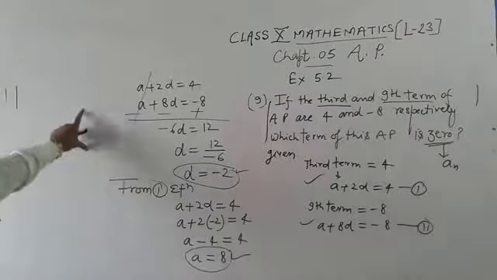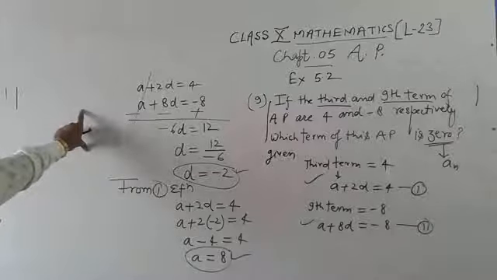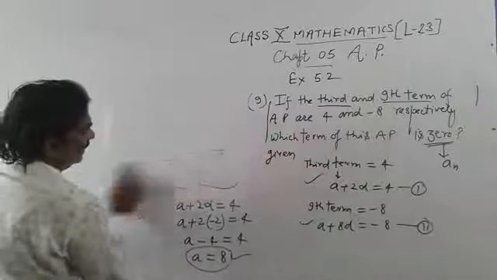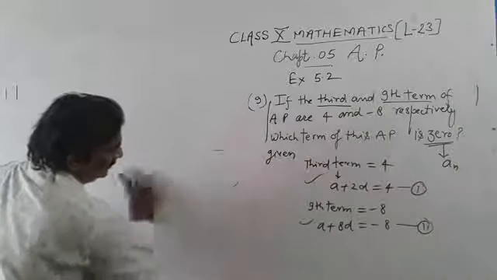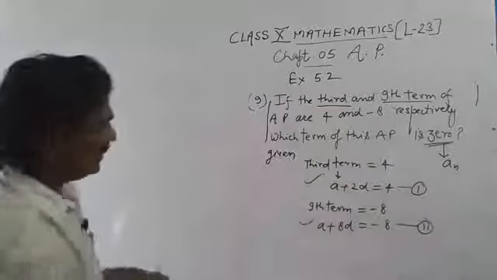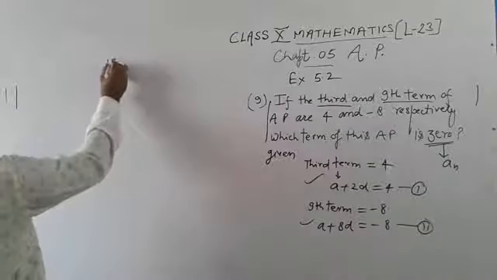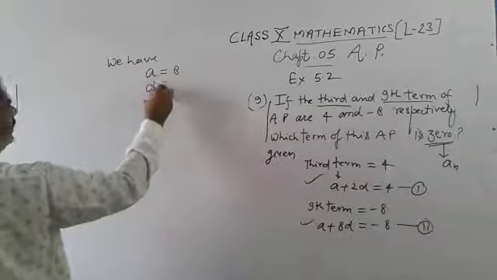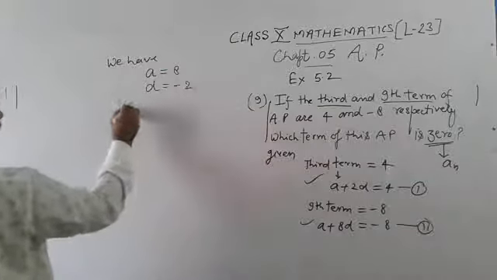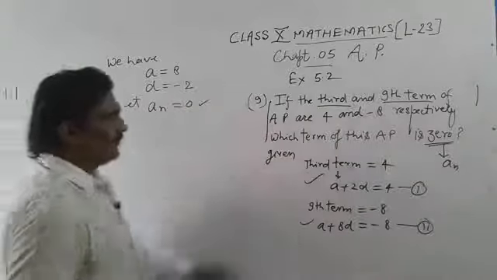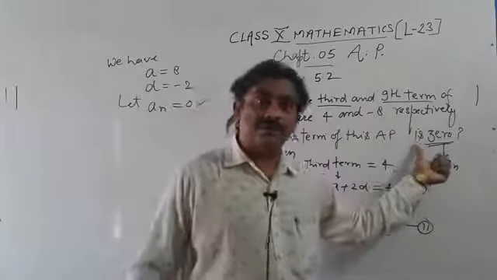Now what will we do after this, students? We take a is equal to 8 and d is equal to -2. Let an be equal to 0, because it is given which term of the AP is 0.